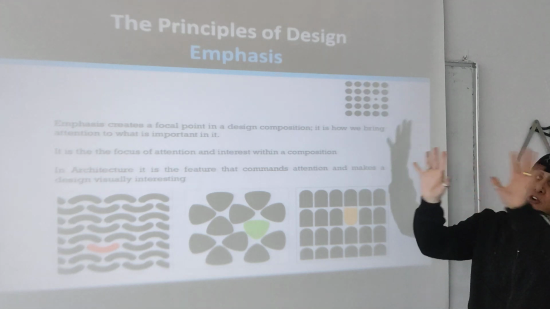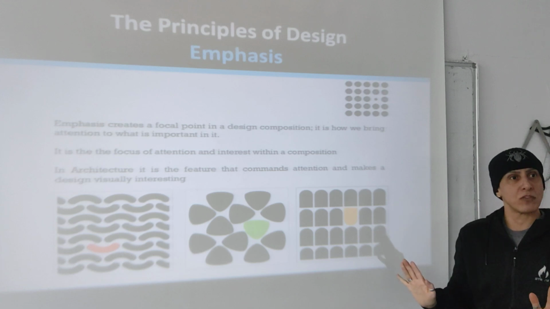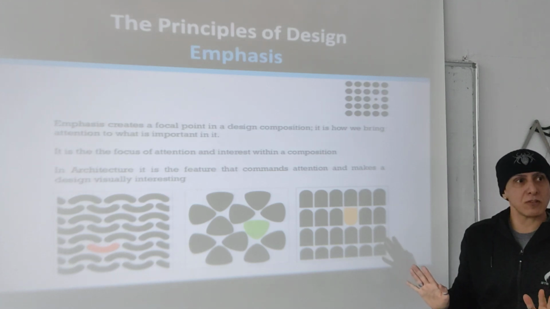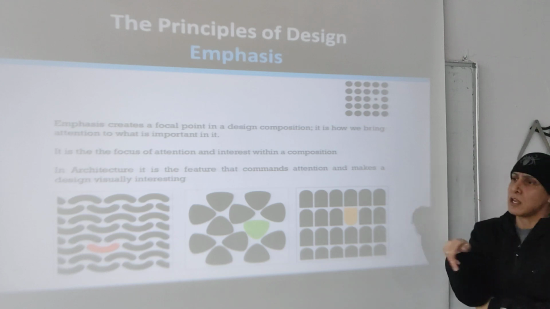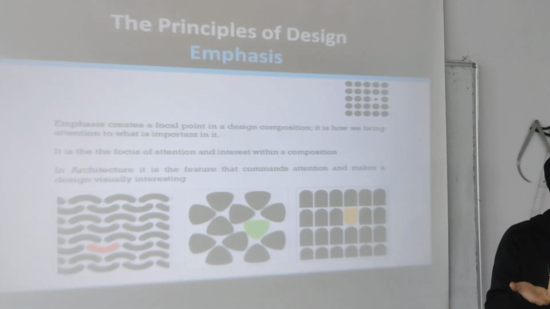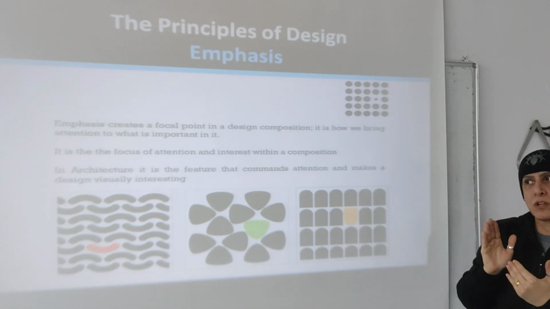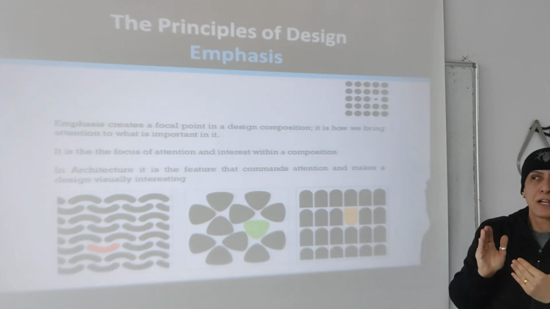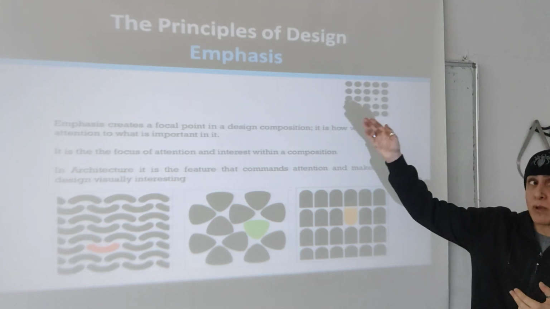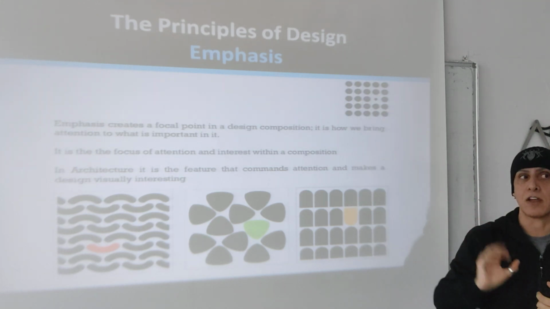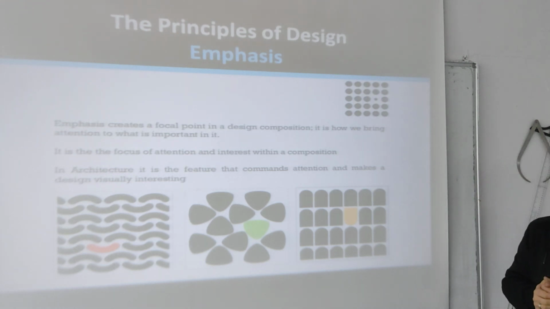Because if all the elements are equal in importance, you will not really see the information correctly because your eyes will go from here and here and here. There is no hierarchy, and it will not create clarity in the way the information is conveyed. Usually we need emphasis on particular areas, okay? So this is a very important principle of design.